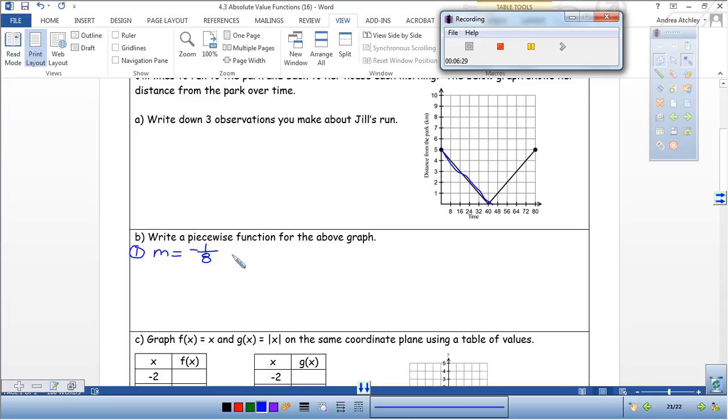And then the y-intercept, where does it cross the y-axis, class? At 5. So that equation is just y equals negative 1/8 x plus 5. Then we need the domain.